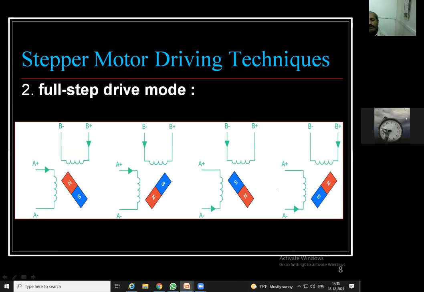So after this one, we will see the next mode, that is full step drive mode. In this particular mode, if you observe, both the coils we have to energize at the same time, that is coil A and coil B. The current in coil A is moving in this direction, and for B coil in this direction.